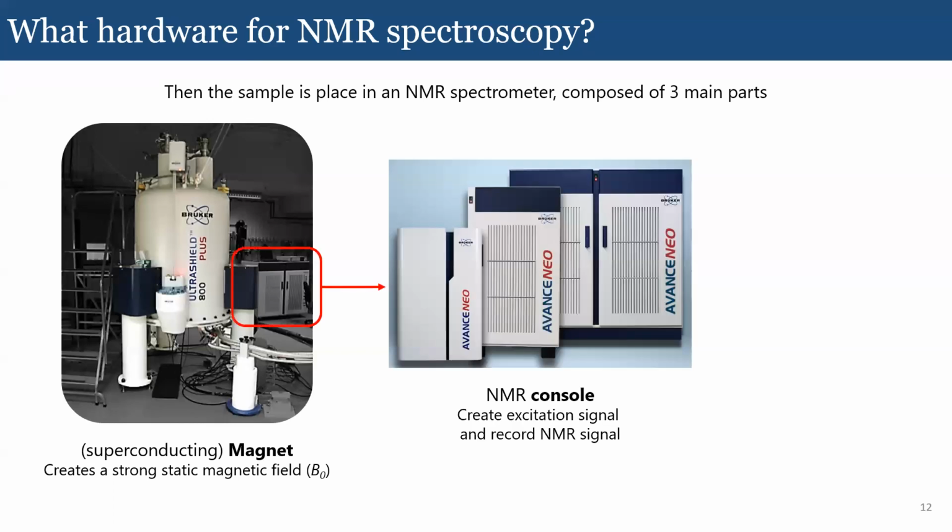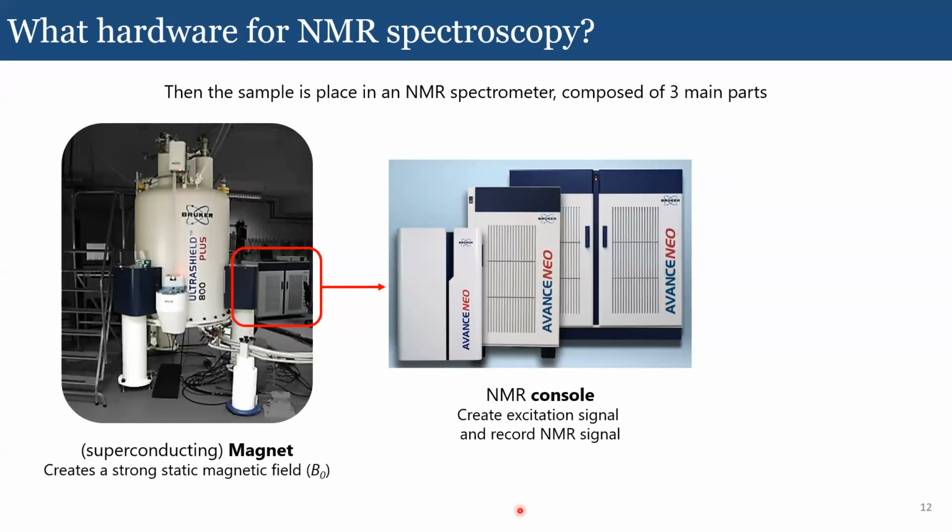So the second part of the spectrometer, which is often ignored unless you are an expert and you care about that, is the NMR console. On the picture, it's over there in the background, but I've enlarged another picture. This is coming from Bruker. This is also a Bruker, so I feel like it's relevant in that case. But I'm not going to take too much time describing what this is.